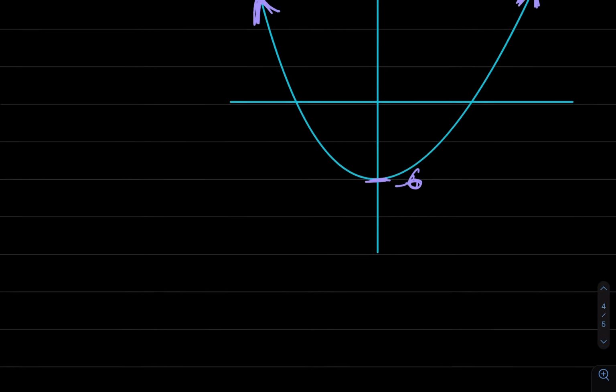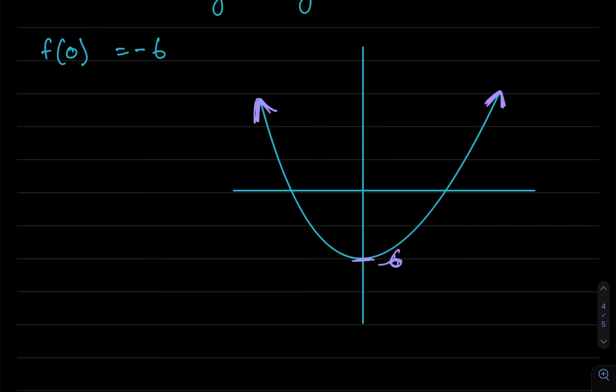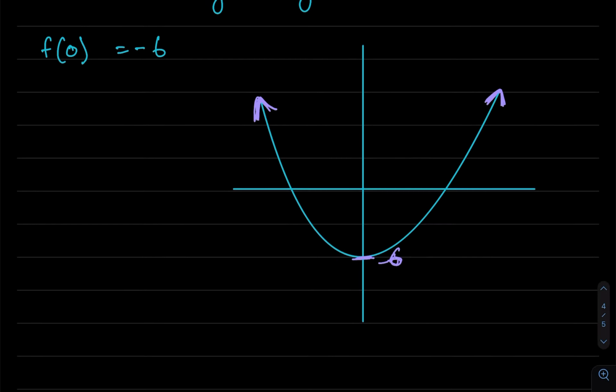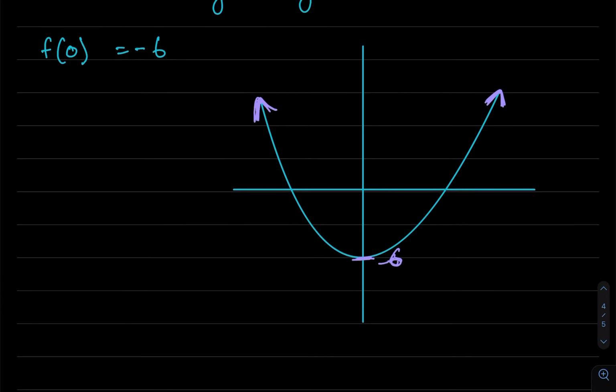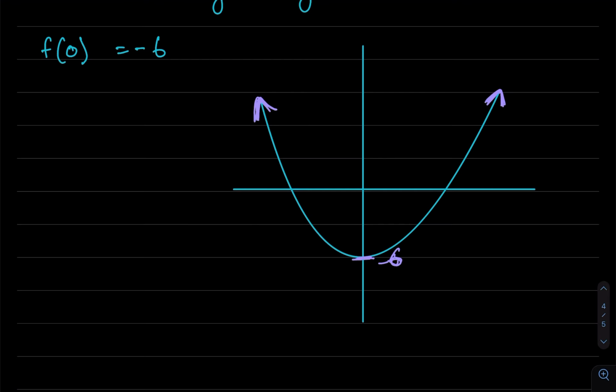For that reason, negative 6 is the smallest possible value that you can get. And so y is always going to be either negative 6 or greater than that. And for that reason, we say that the range is y is greater than or equal to negative 6. This is our range.